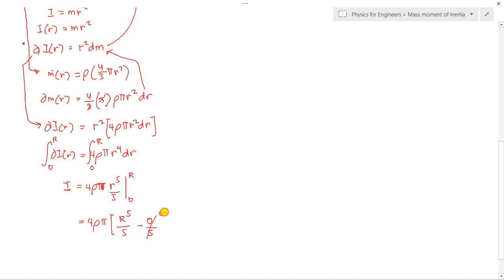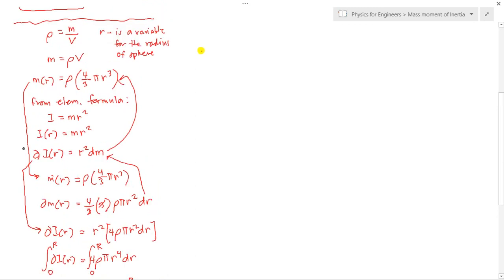The 0 term vanishes, so what remains is 4 rho pi R to the 5th all over 5. So this is the moment of inertia for our solid sphere.